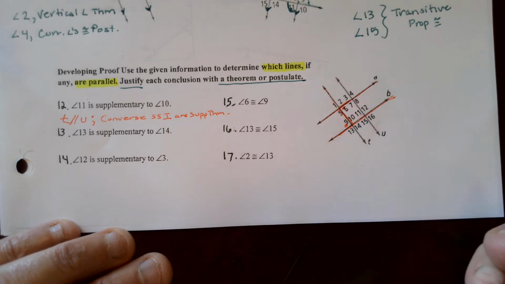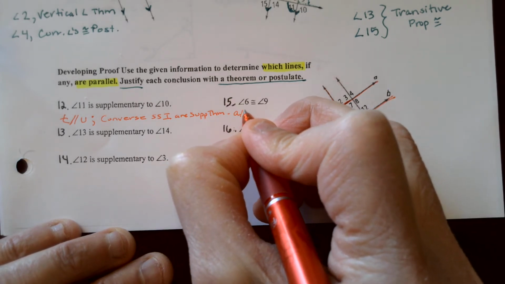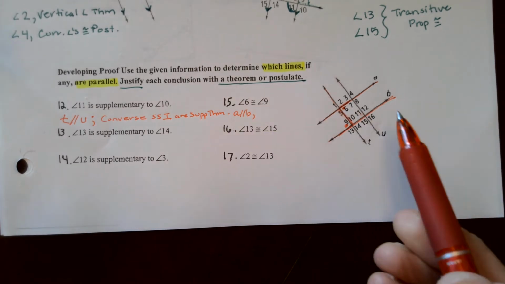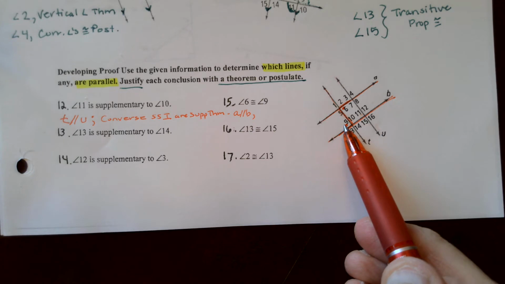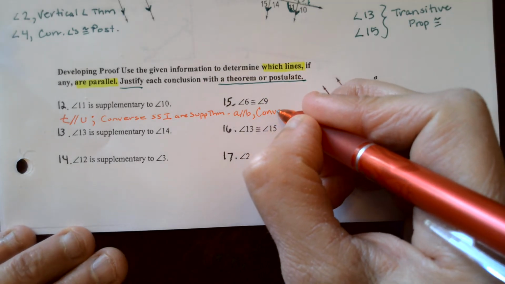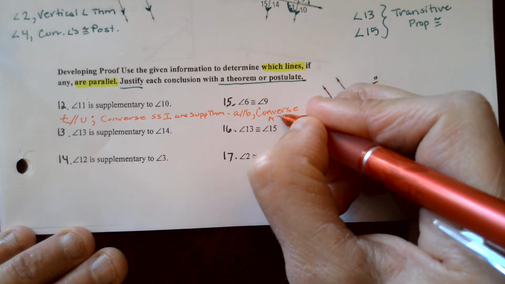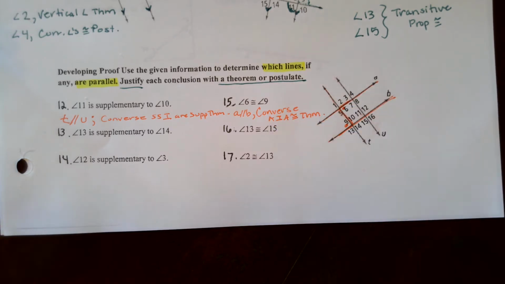I think that was supposed to be an A. Doesn't look like one. And the reasoning is the converse of the alternate interior angle theorem. Write it down on your list.